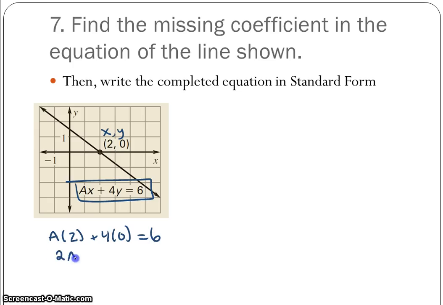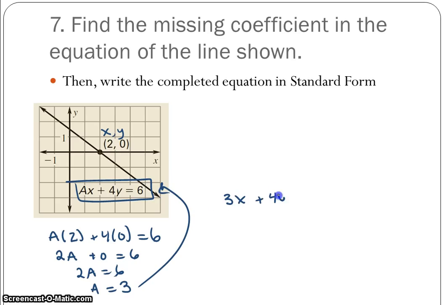So I have 2 times big A plus 0 equals 6, where 2a equals 6, and a equals 6 divided by 2 is 3. So now I found that my a is 3, so I'm going to plug it into my equation. 3x plus 4y equals 6.